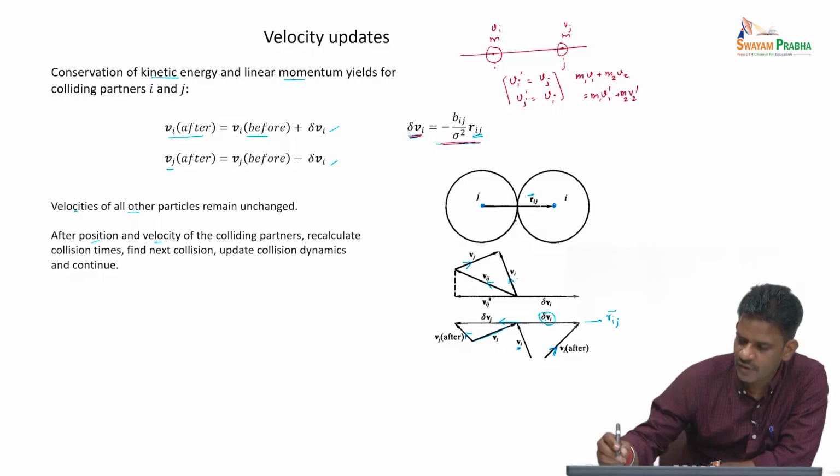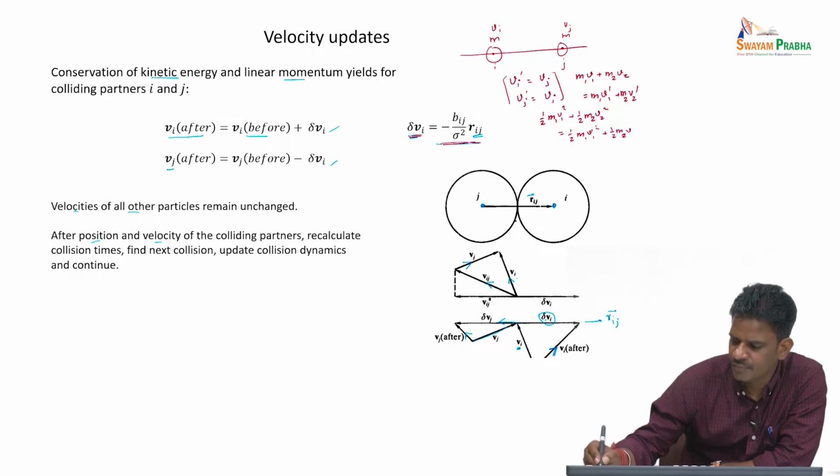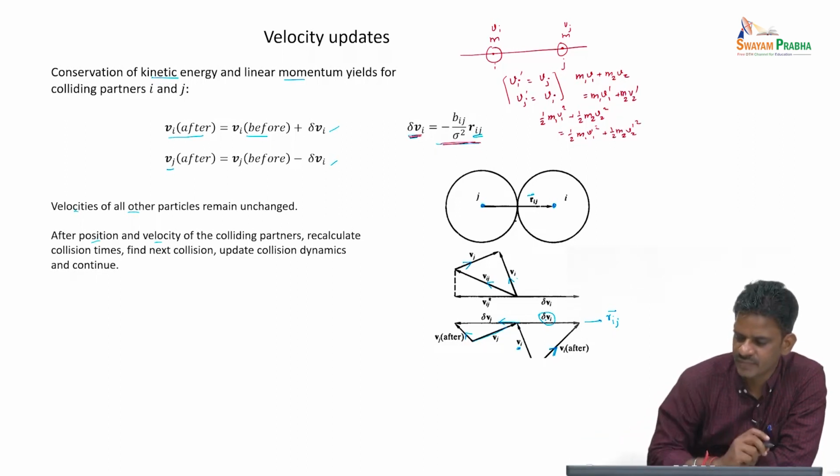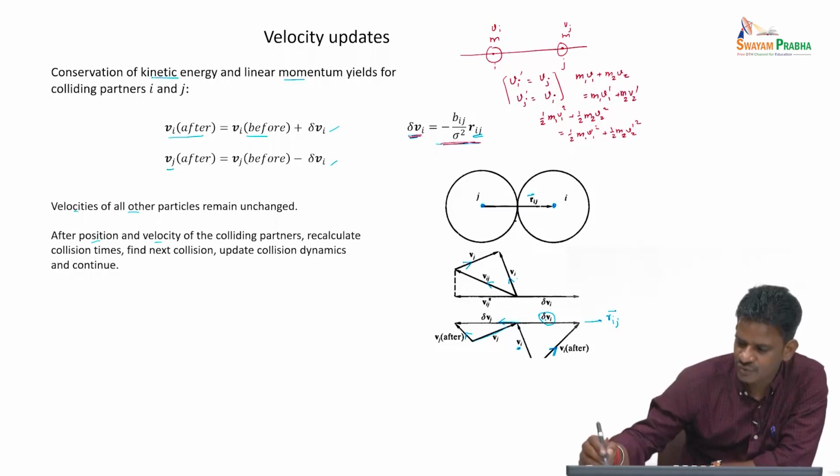Yes, sir. And then we can also write similarly half m1 v1 square plus half m2 v2 square should be equal to half m1 v1 prime square plus half m2 v2 dash square. So now we have two equations, and if you solve this set of equations, you should be able to show this. That is, v1 prime will be equal to v2.